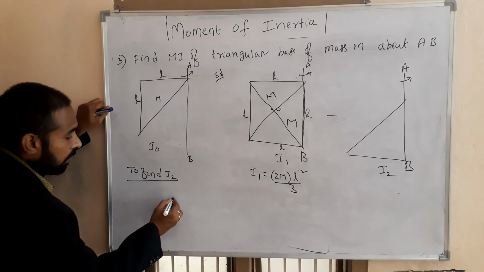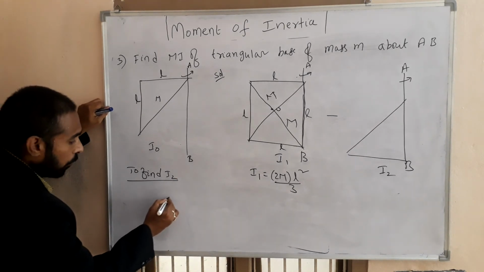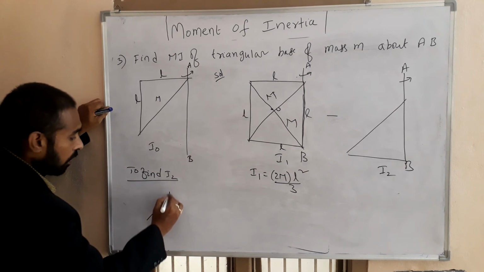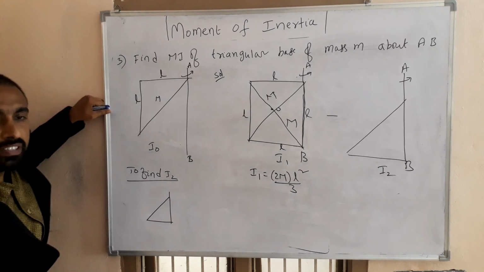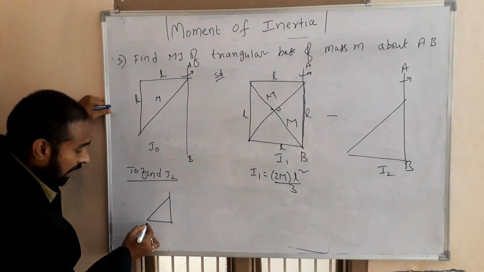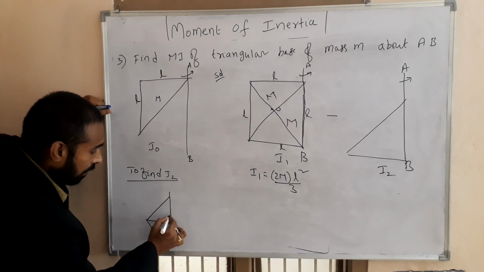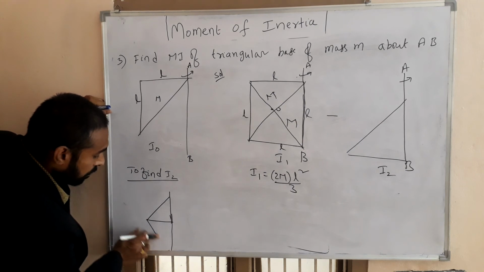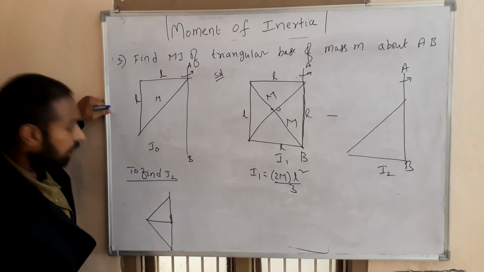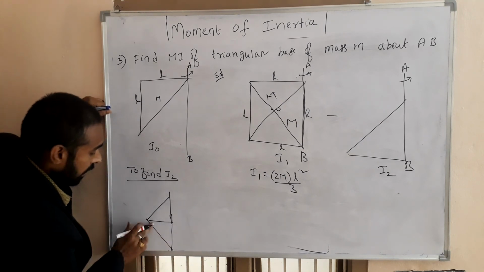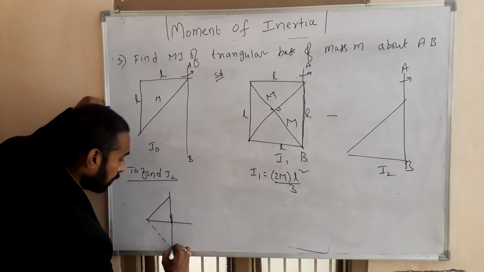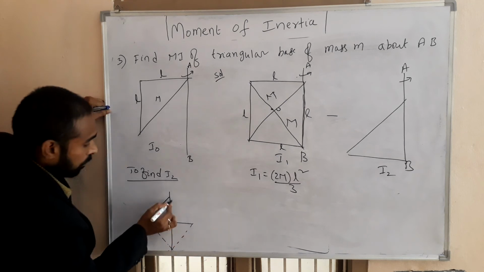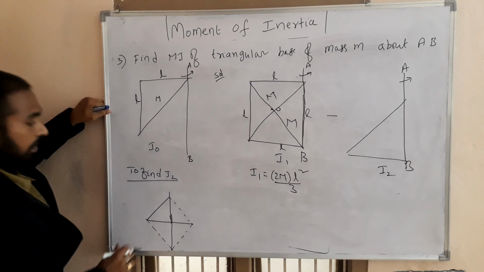See carefully, this is one portion of a square once again. I will make it a square by extending this.